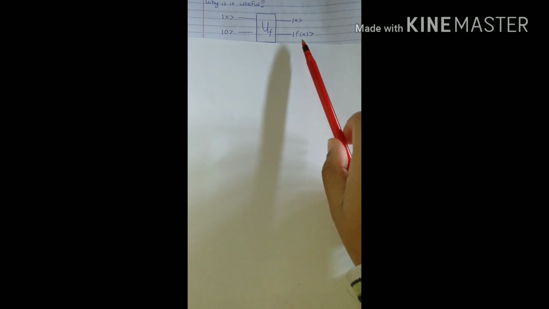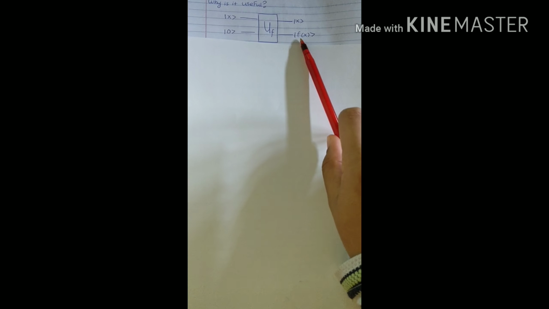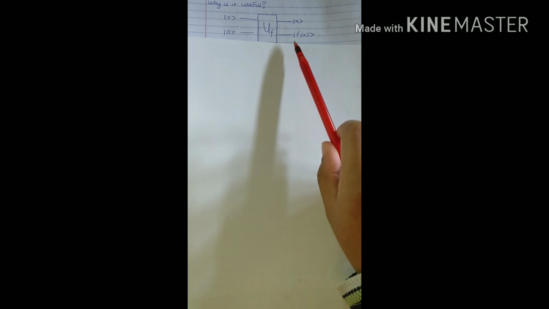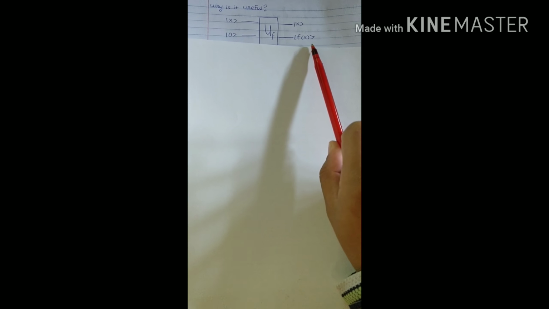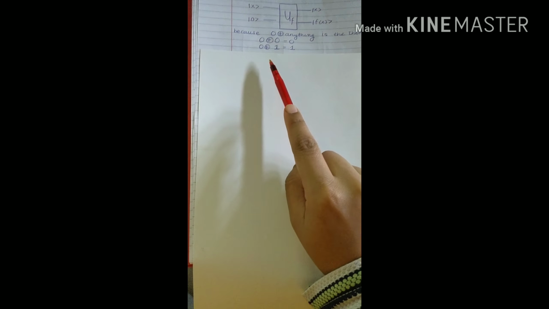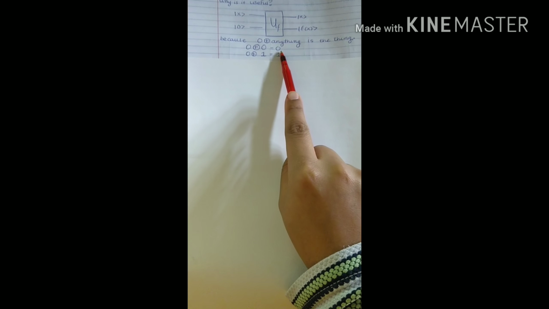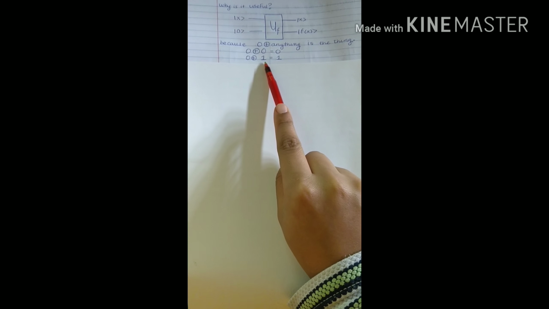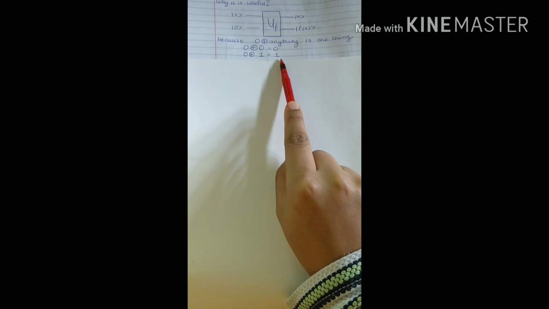That's because previously we had y binary added with f of x. Well, when y is 0, 0 binary added with anything is the thing itself. Let's see why: 0 binary added with 0 gives you 0, and 0 binary added with 1 gives you 1.